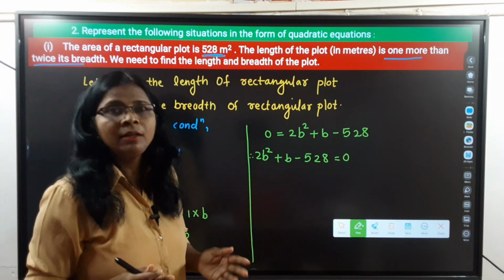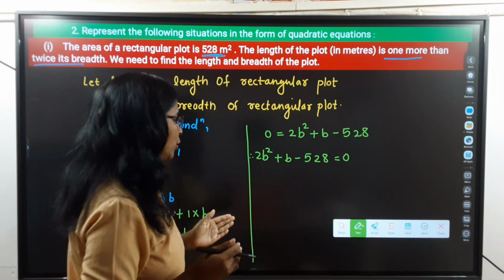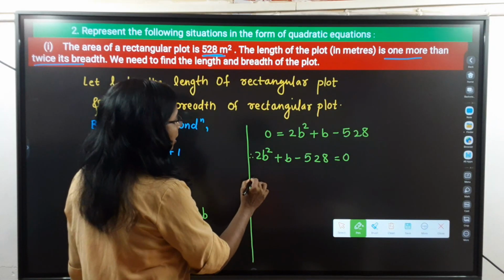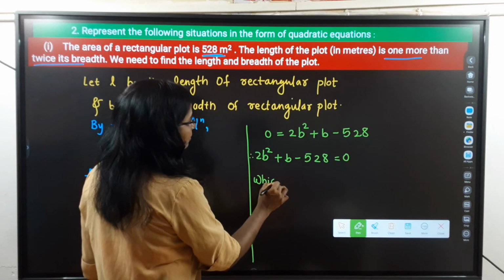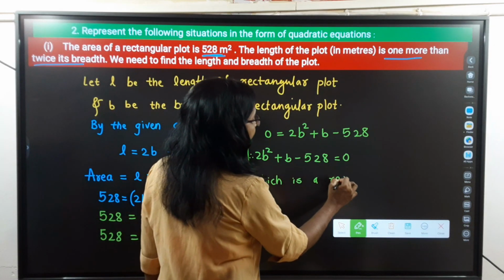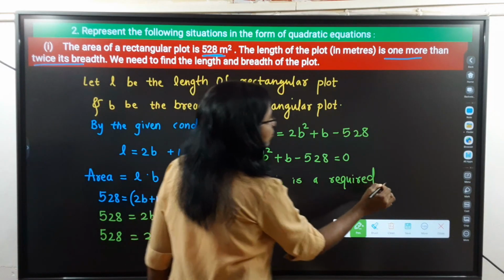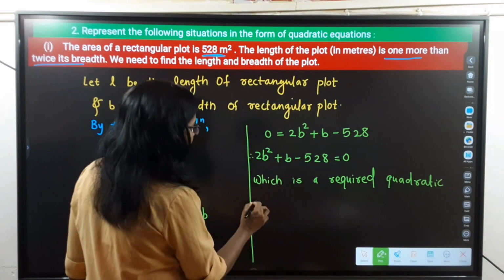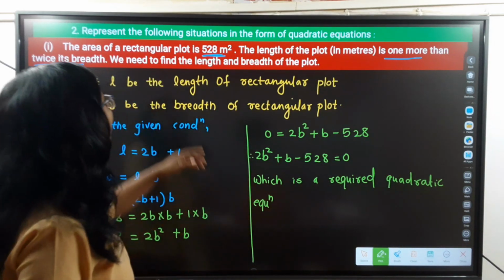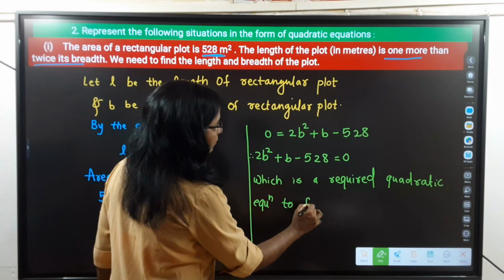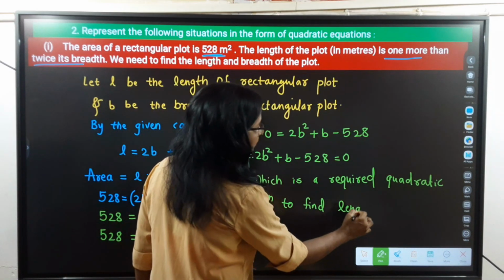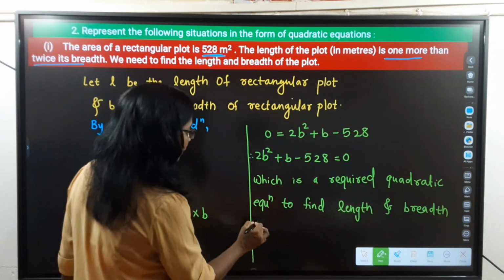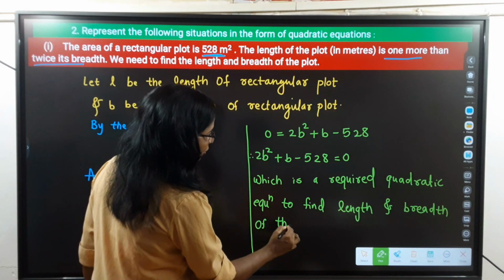So this is the final simplified quadratic equation, which is the required quadratic equation to find the length and breadth of the rectangular plot.